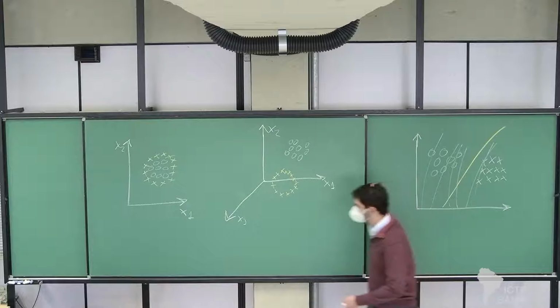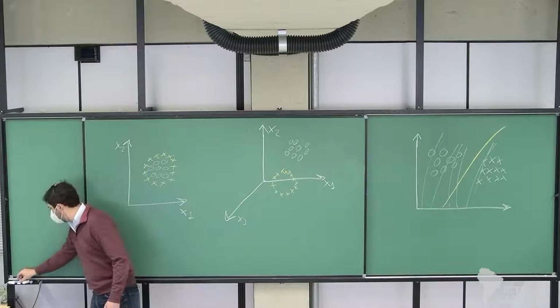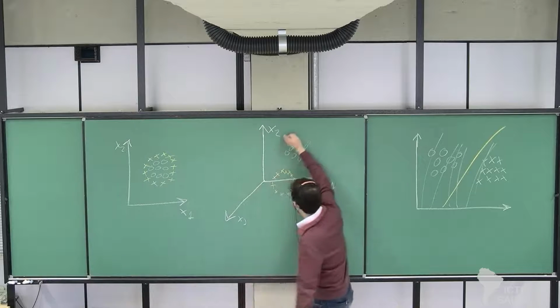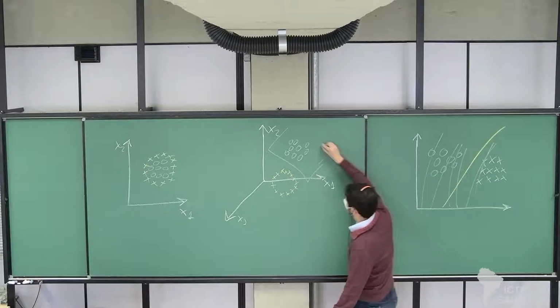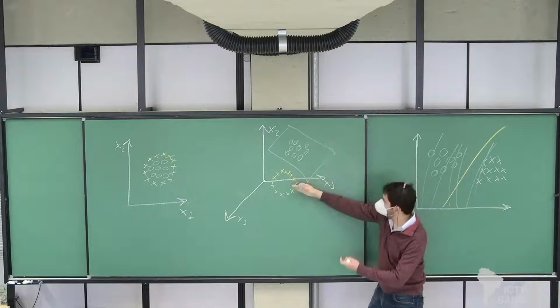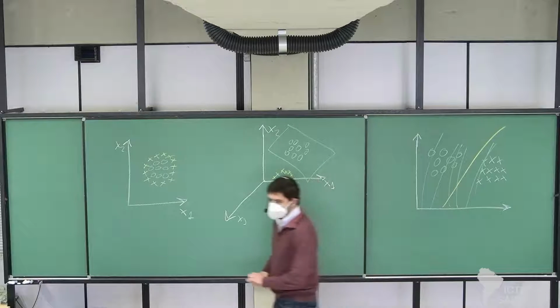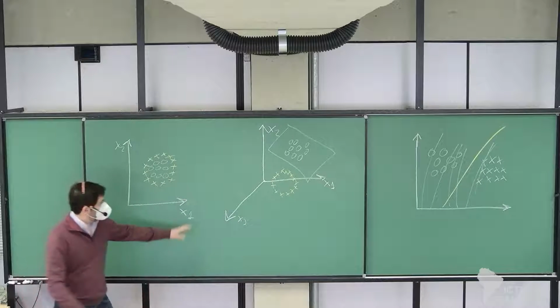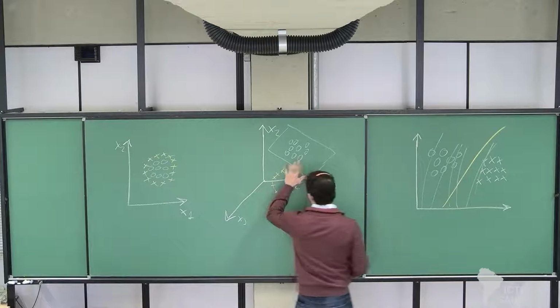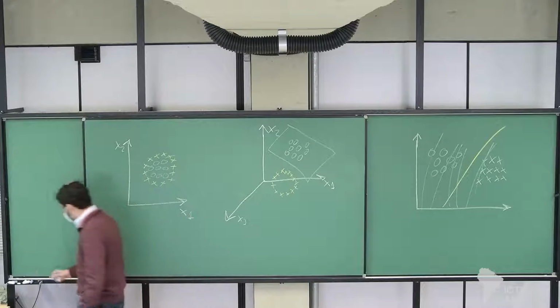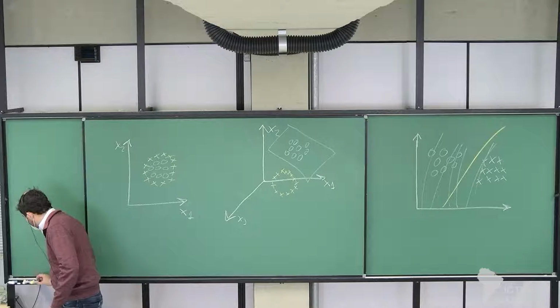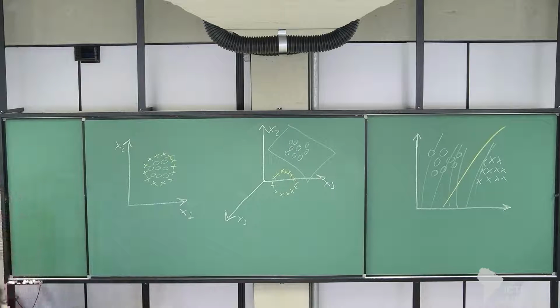And then with this, you can draw a hyperplane, which is going to be a plane, that separates the data. You know that a plane is passing here. With this, it will be possible to separate the data because it becomes linearly separable.